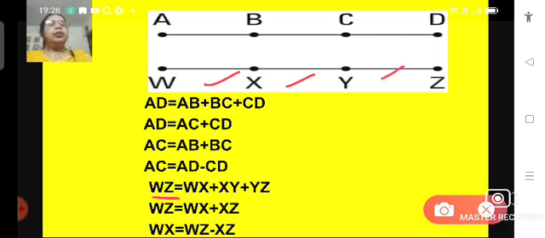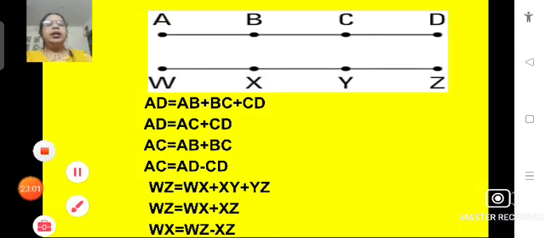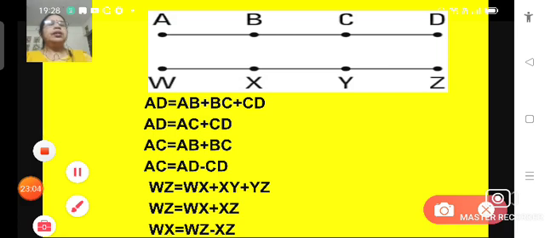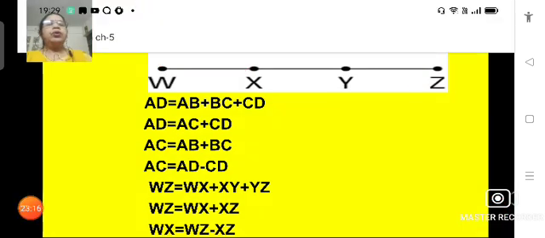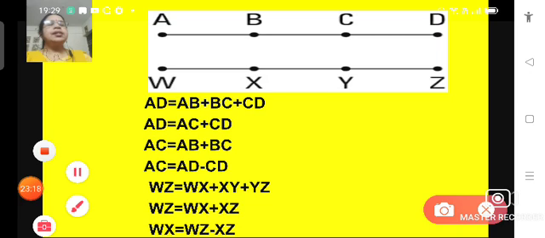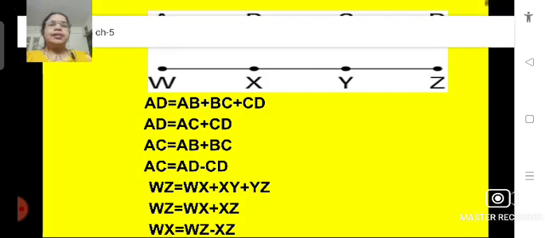WZ can also be WX plus XZ, and WX is equal to WZ minus XZ. So these are also true about the line segments.